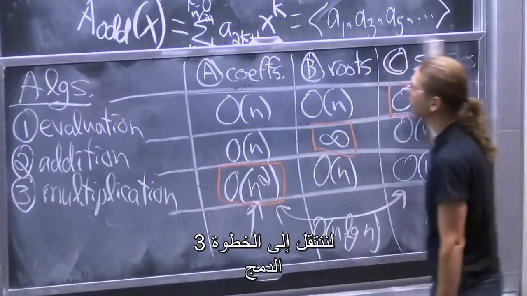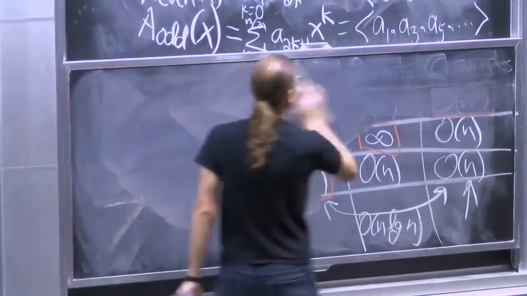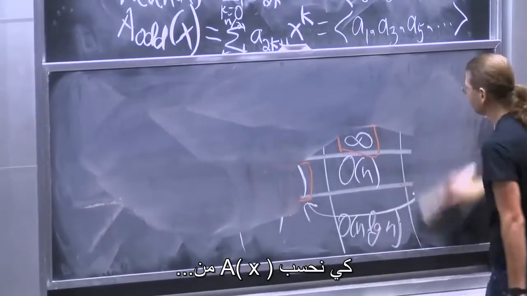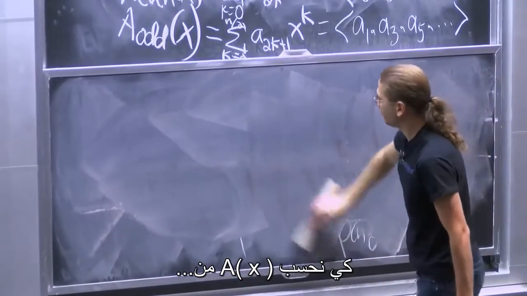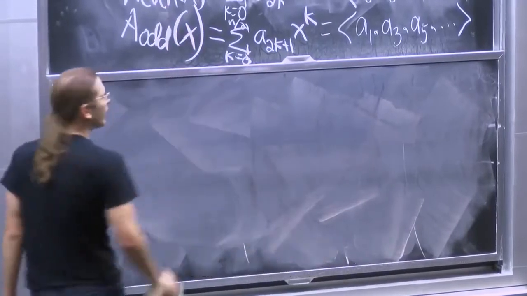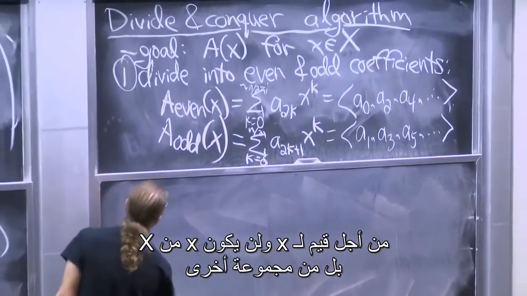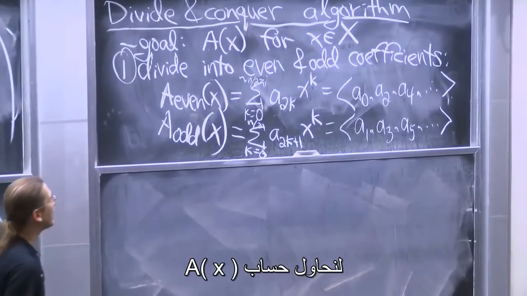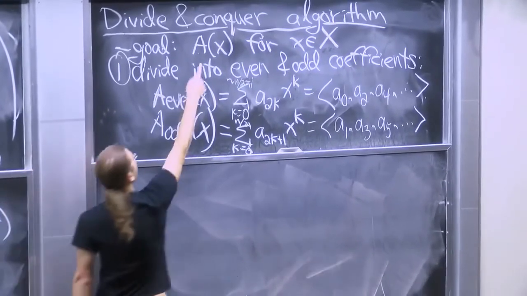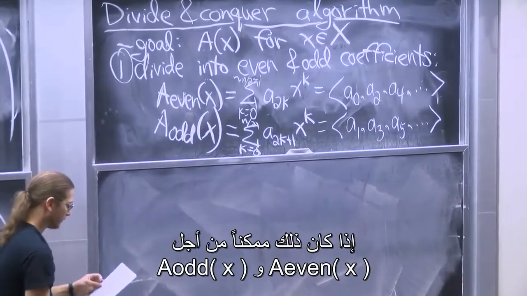Let's jump ahead to step 3, combine. In order to compute A(x), what I'd like to do is recursively compute A_even and A_odd for some values. It's not going to be x and x, it's going to be some other set. Let's think about how I could compute A(x) given some solutions to A_even and A_odd.